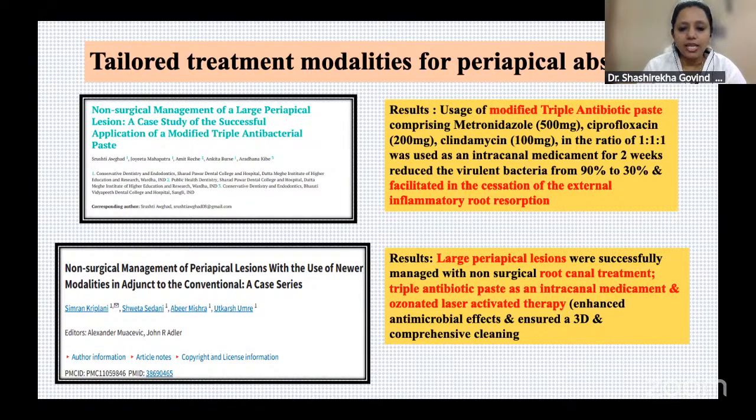It means that, with subsequent appointments, not only systemic antibiotics, locally also you need to give some antibiotic paste inside the canal, not into the lesion. I'm talking about inside the canal, so that the remaining bacteria in and around the periapical region are reduced and the healing rate improves.